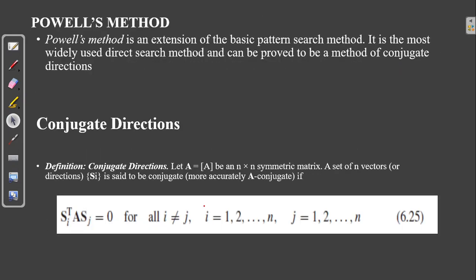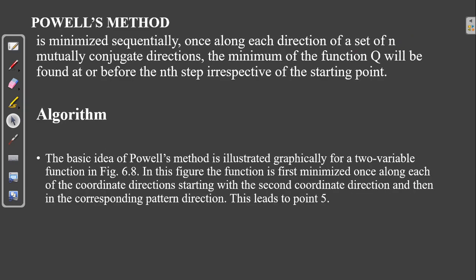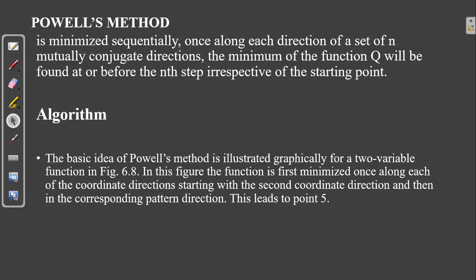Okay, so that is what your first theorem says. Yes, in that manner you can have conjugate directions. N number of conjugate directions we have.